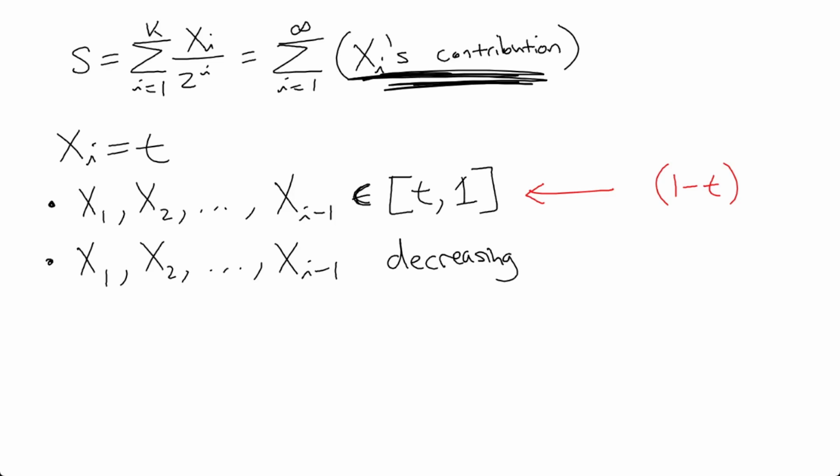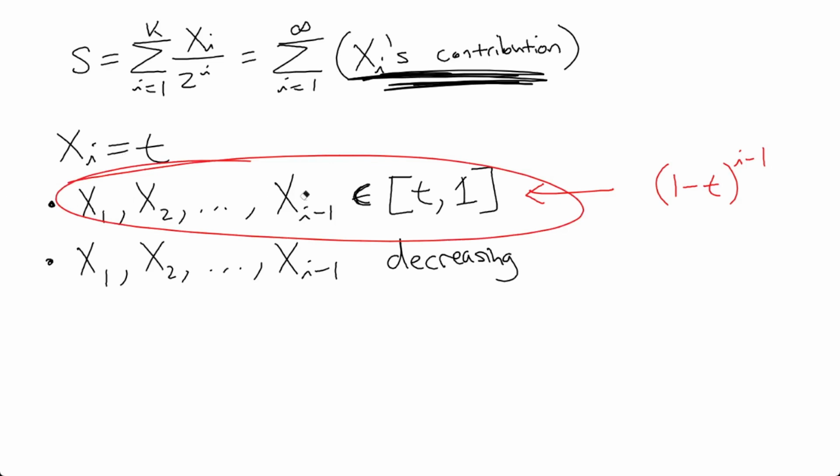And the probability that x sub 2 is in that interval is 1 minus t, and so on. So I have i minus 1 of these terms which need to be in that interval, and so this is the probability that that happens. I'm, for a moment, ignoring the fact that I actually want these terms to be decreasing, right? So I'm focusing only on this.